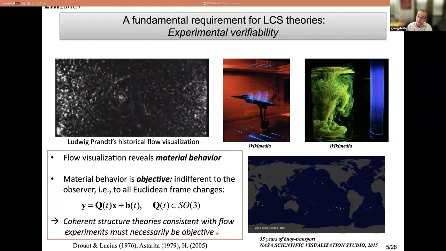I'm a big fan of this, but very insightful people, even in the 70s, in the fluids literature, especially in the non-Newtonian flow literature, laid down this principle that whatever you use for diagnosing coherent structures, important structures in the flow, the quantities you're using should be objective. And these are some of those references. So mine is really just a rediscovery of that. I can't really claim that I was the first one. Well before me, people have realized this, okay?